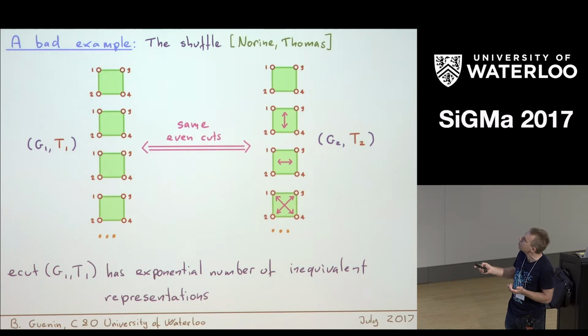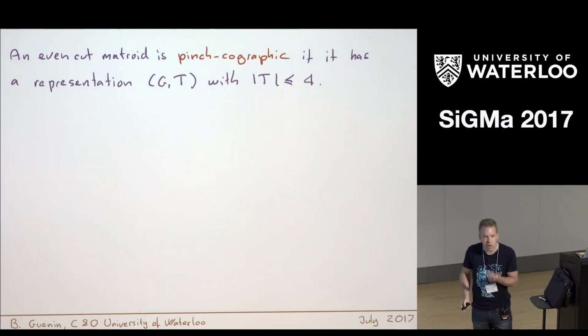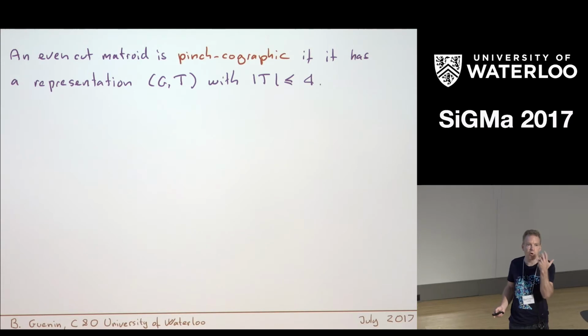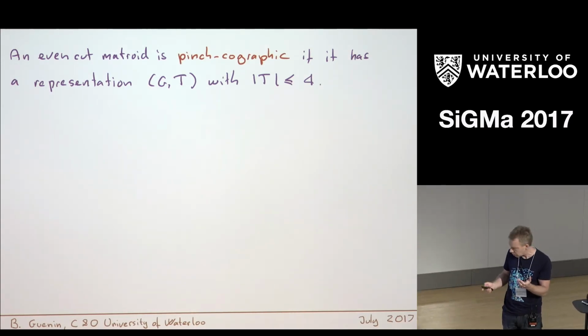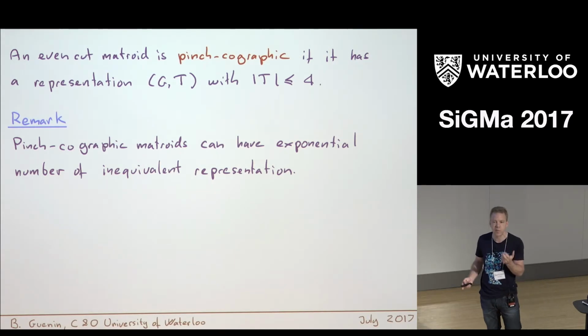So let me just give a definition here. We say that an even cut matroid is pinch cographic if there's a representation as a graph where I have at most 4 terminals. Right? So the example I gave you before was an example of a pinch cographic matroid that has an exponential number of inequivalent representations.